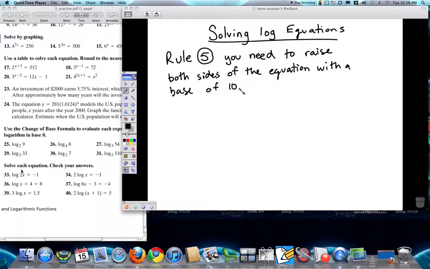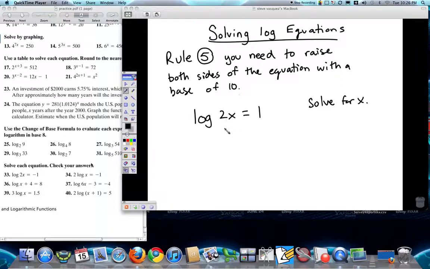I'm going to take this problem over here that's log 2x. I'm going to make it a little bit easier. I'm going to put log 2x is equal to 1. They want you to go ahead and solve for x. So what I'm going to do is raise both sides of this equation up to the power of 10.